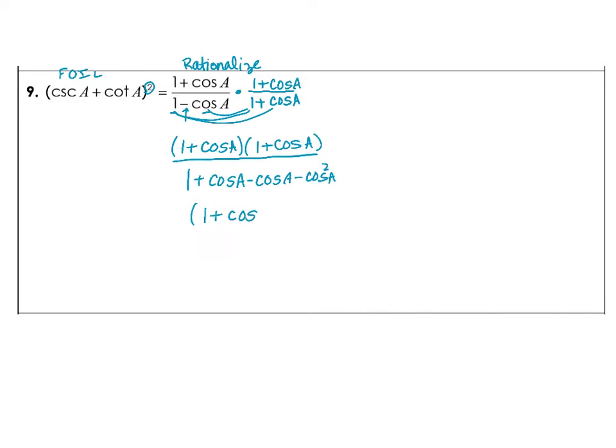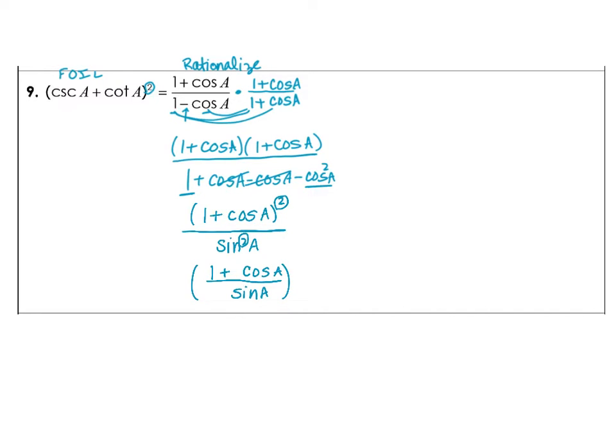That's 1 plus cosine A all squared over, and again, notice those terms will cancel. And I have 1 minus cosine squared A, which if we rearrange that, that's going to give us sine squared A. That's our identity. And notice both these terms are squared, so we're going to cheat a little bit here. And yes, this is algebraically sound. We're going to say that's 1 plus cosine A over sine A.